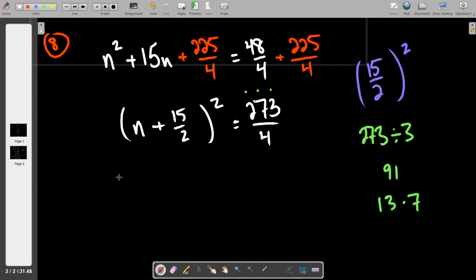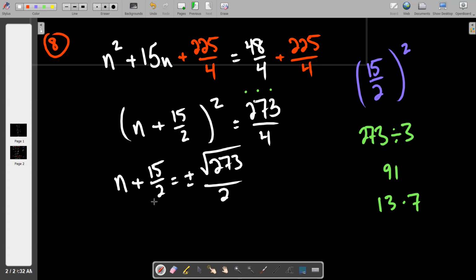So square root the left side, we get n plus 15/2 equals positive, negative. And what will become of the square root of 273? He'll stay as the square root of 273 over 2. No need for i's here because our radical did not go negative. Yeah, so just, did you say migrate? I like that.